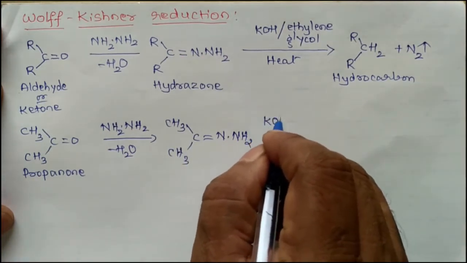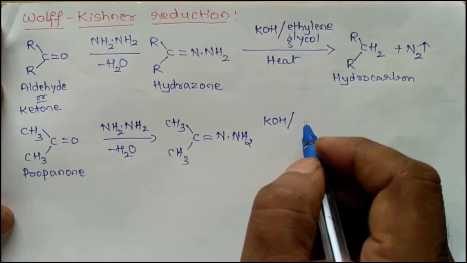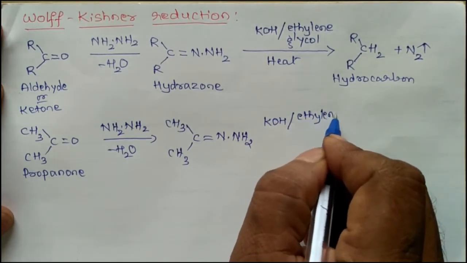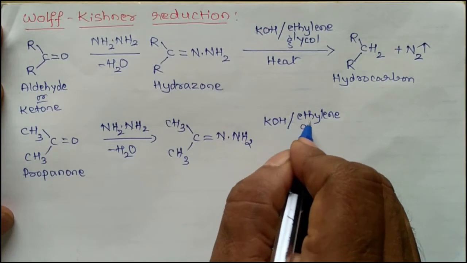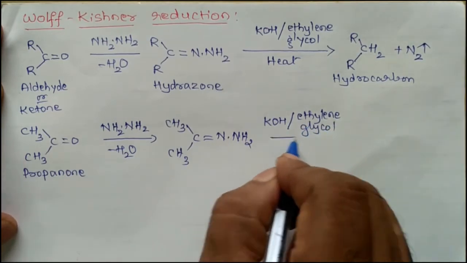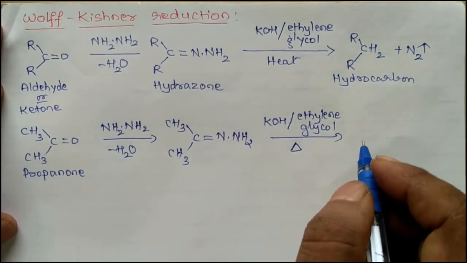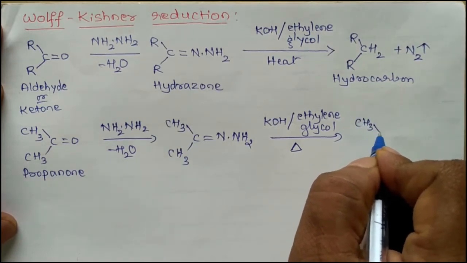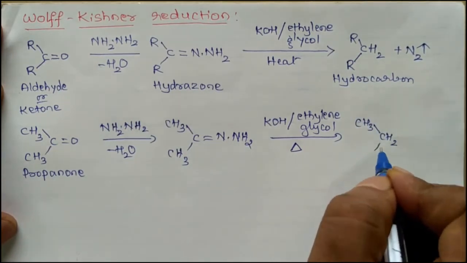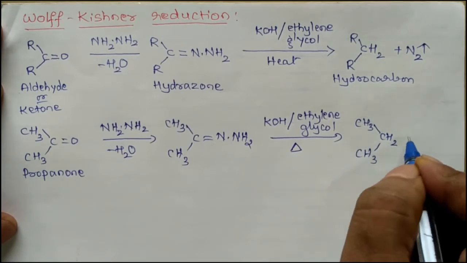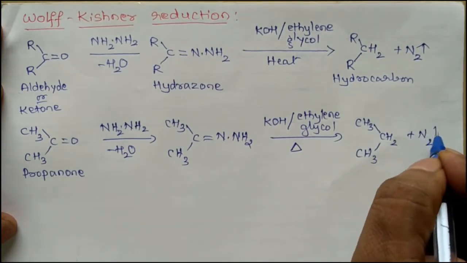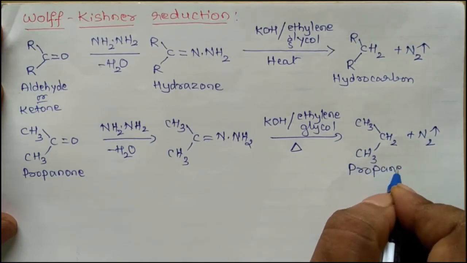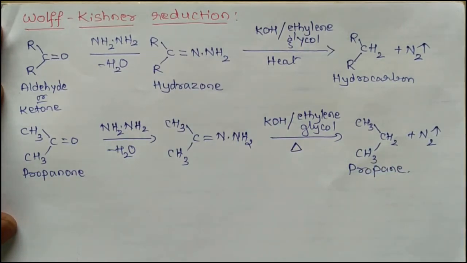It is treated with KOH or NaOH in high boiling solvents such as ethylene glycol. Just heat it, you are going to get propane CH3 CH2 CH3 plus nitrogen gas. This is propane. This reaction is known as Wolff-Kishner reduction.